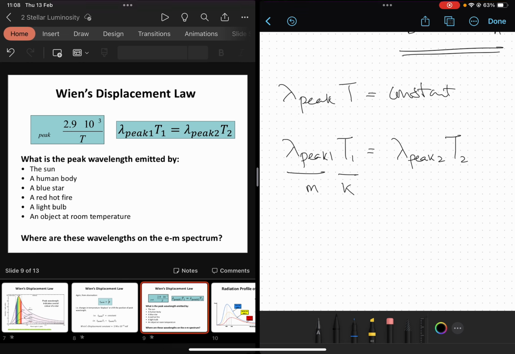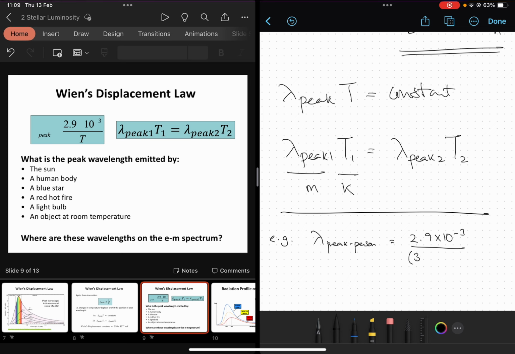So it's possible then to work out the peak wavelength produced by any object above absolute zero. So let's work that out then for you and I. Okay, so for a person. The peak wavelength being emitted by the average person is equal to that constant, 2.9 times 10 to the minus 3, divided by temperature.